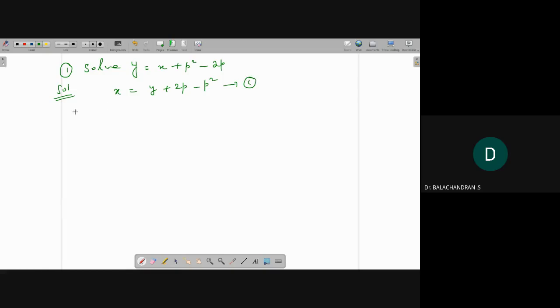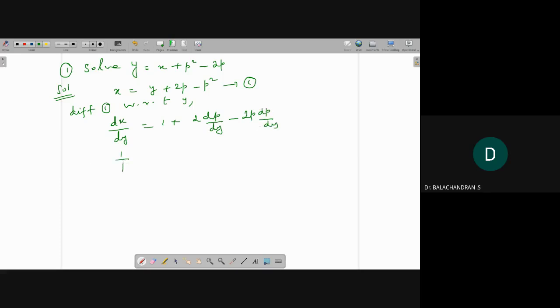Now differentiate 1 with respect to y. So dx by dy equal to 1 plus 2 into dp by dy minus 2p into dp by dy.